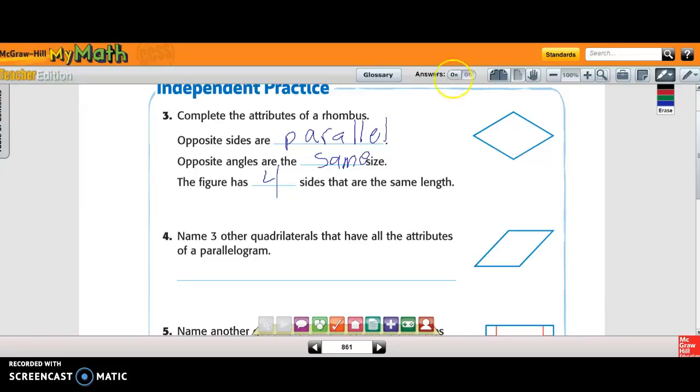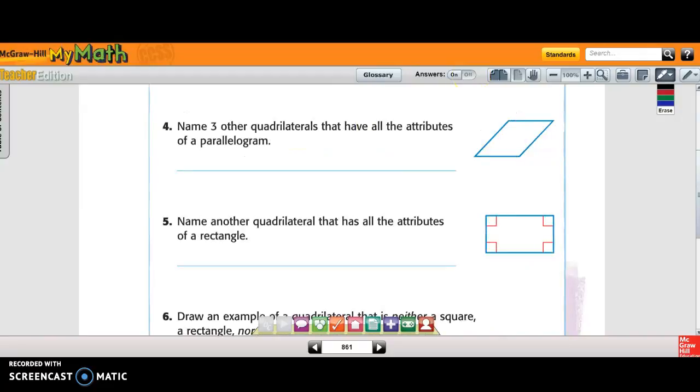Yep, a rectangle, and obviously a square and a rhombus. Both of those are it. So for number four, we said a rectangle, a rhombus, and a square.